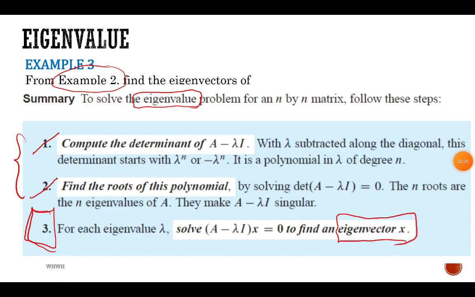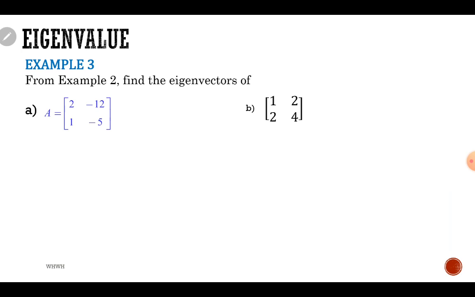Okay, to find the eigenvector, dia cakap kat sini, we have to solve A minus lambda I x sama dengan 0. Macam kita cari eigenvalue tadi, cumanya sekarang ni kita dah tahu kita punya nilai lambda kita. Okay, so for A, from example 2A, our lambda ada dua.